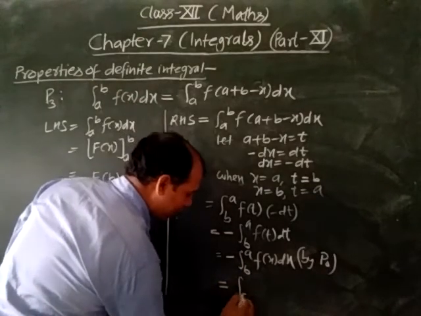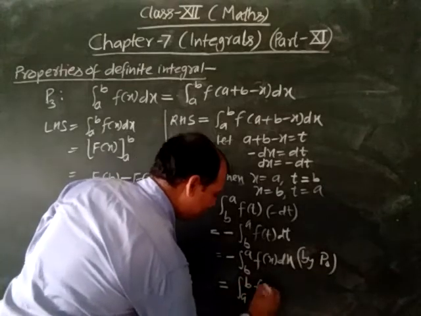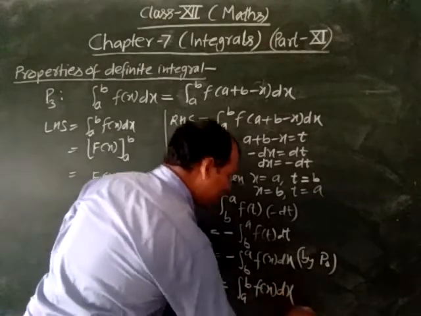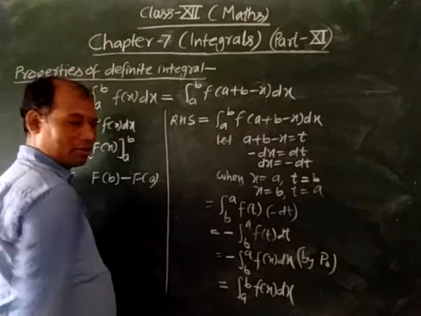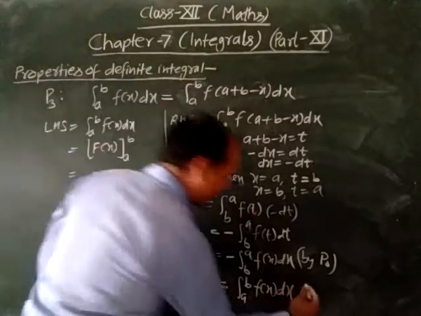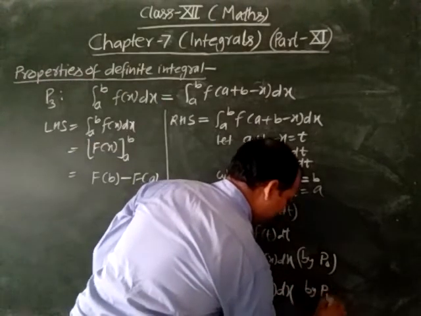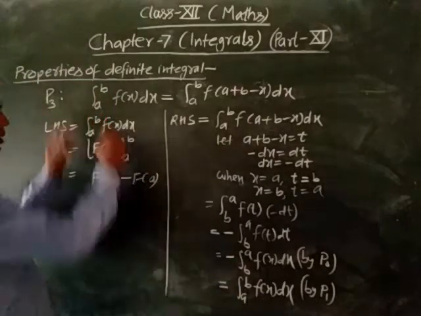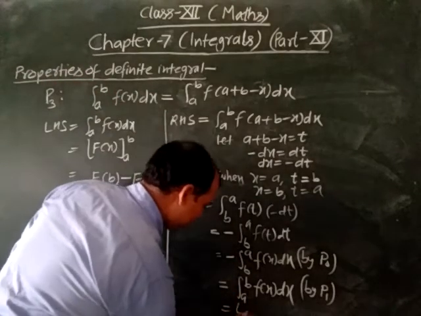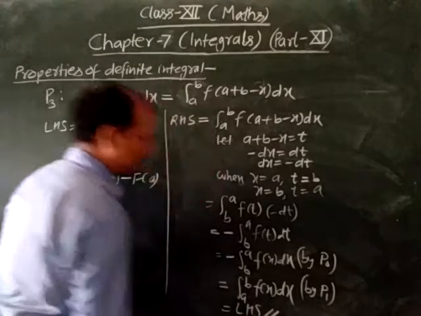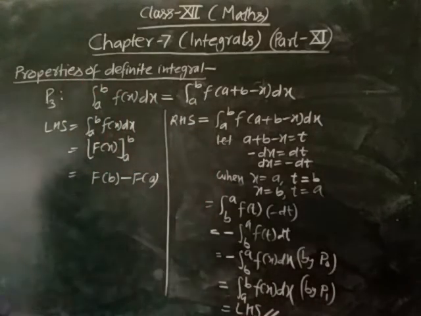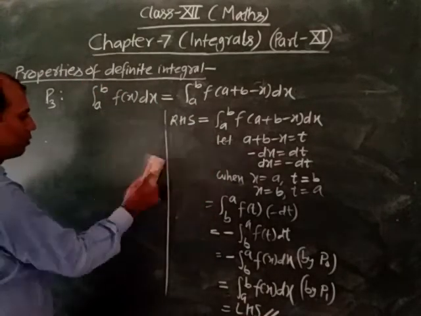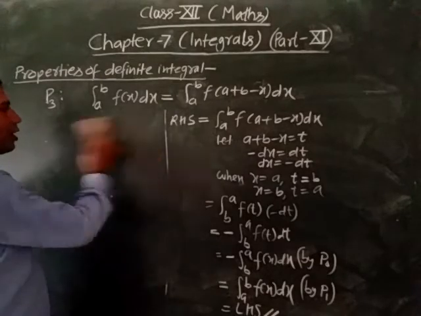Then this can be written as integral from a to b of f(x) dx, then the sign of this becomes positive by property P1, and this is equal to LHS. Hence the property proved. It is clear, students?